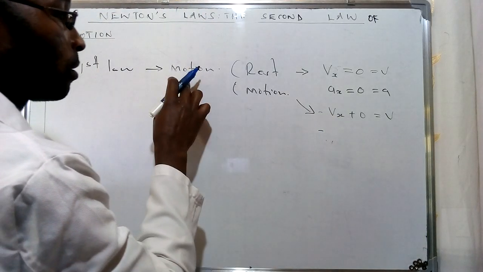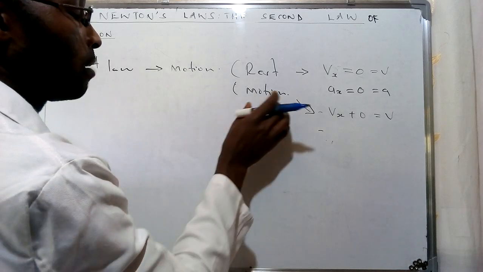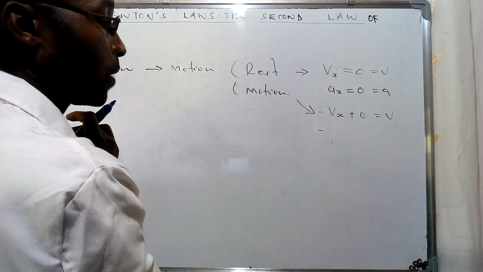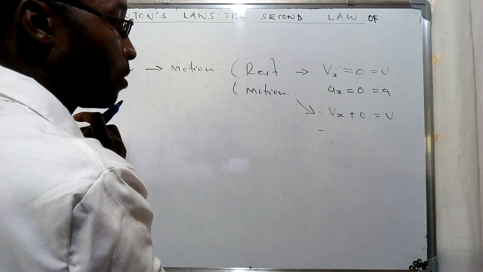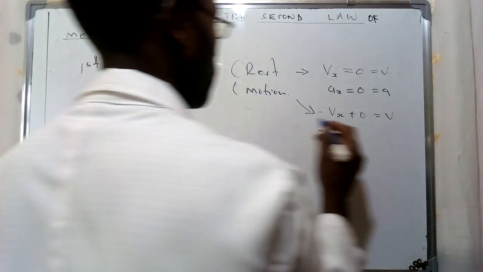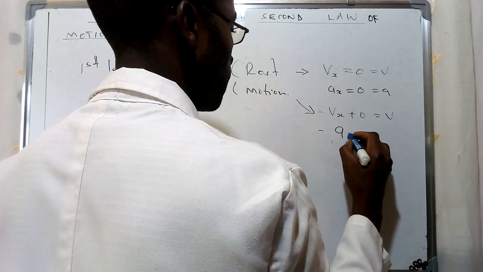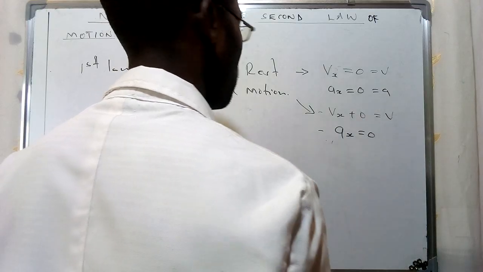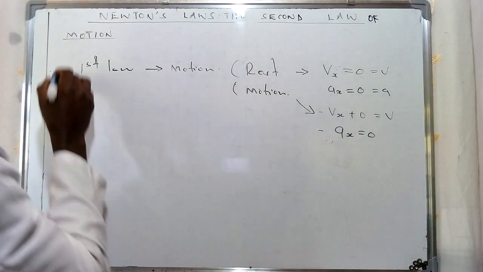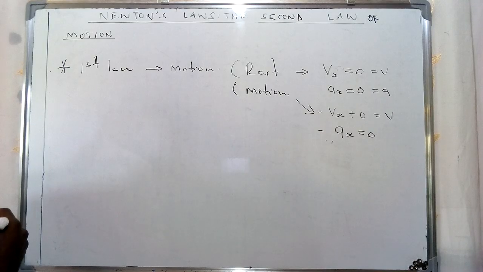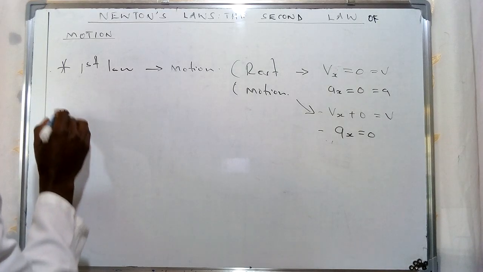From Newton's first law of motion, if an object is in motion, it continues in its state of motion with a constant velocity. So we expect acceleration to be 0 at constant velocity, and this gives us an impression of Newton's first law of motion.